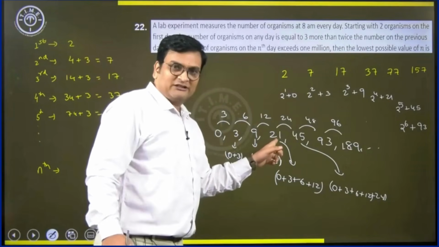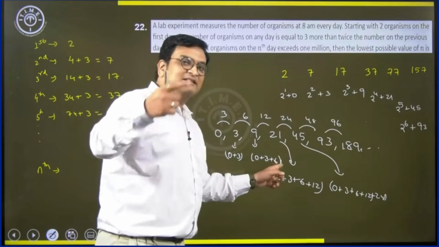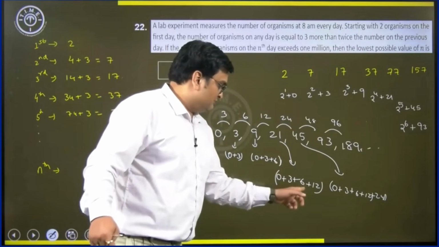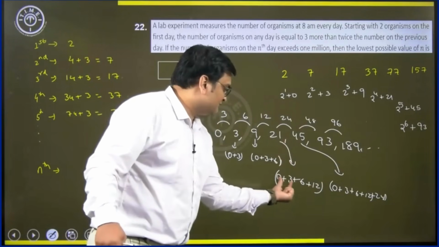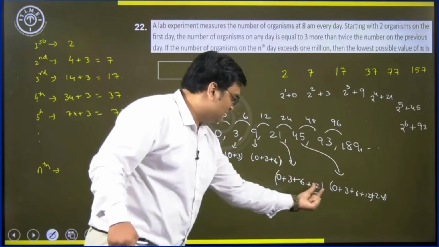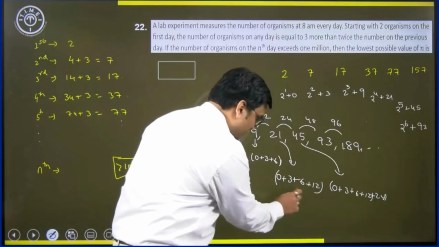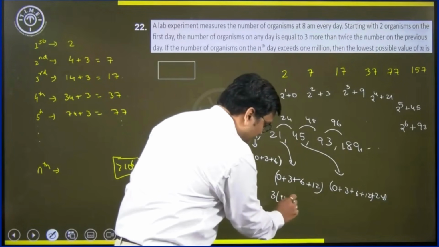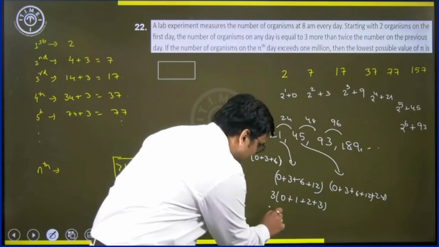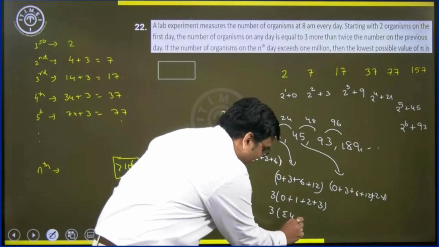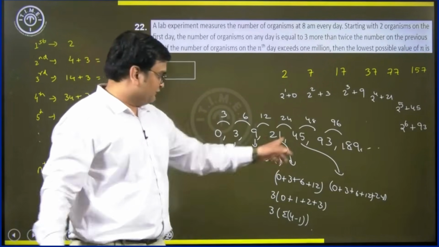If I want the fourth term, what will I do? I will take 0 plus 3 plus double of 3, 6, plus double of 6. So basically, if I want the fourth term, I will have 4 terms here also, and possibly if you simplify this, if you take out 3 common, it's nothing but 0 plus 1 plus 2 plus 3. So it's something like 3 into sigma 4 minus 1, for the fourth term.